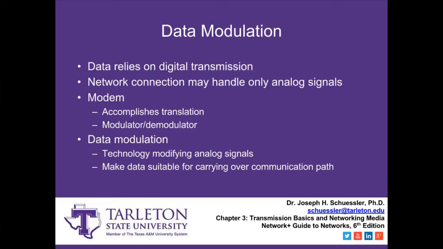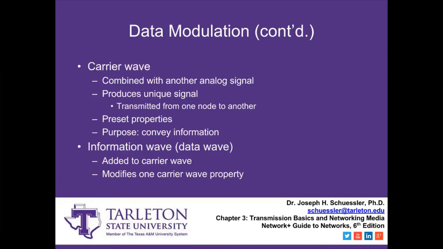As far as data modulation, it's a technology modifying analog signals and makes the data suitable for carrying over a communication path. So that's basically what I just got through talking about.